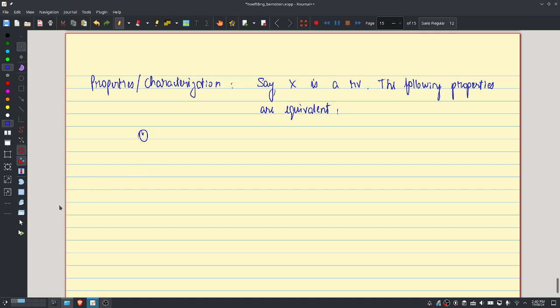Right, the first is exactly what I had earlier, with a minor twist. So the probability that mod x is greater than or equal to delta is upper bounded by some exponential, 2e to the minus delta square divided by K1 square, for all delta greater than 0.